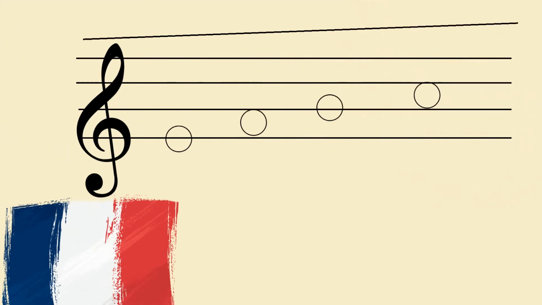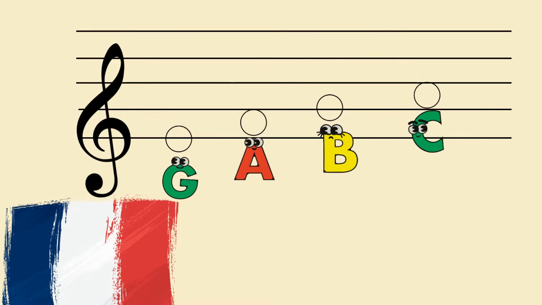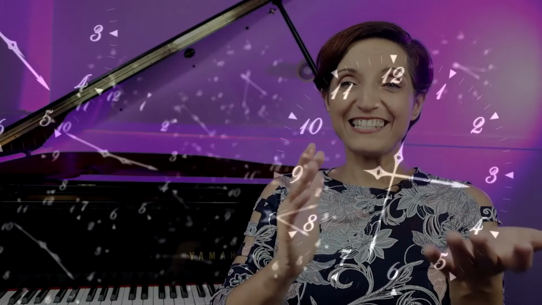A variation of the treble clef is the French violin clef, which is placed on the first line of the staff. And so, as we can see here, the treble clef has gone through a lot of different variations over the centuries to become what it is now.